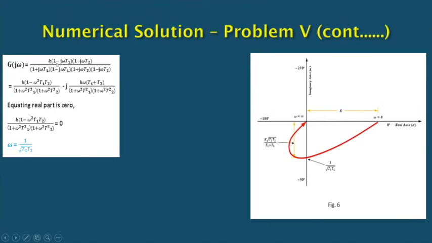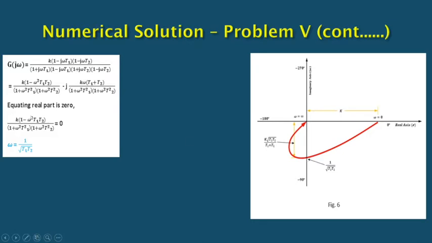Multiplying the numerator and denominator of G(j omega) with the complex conjugates of the denominator factors, we get this equation. Then separate the real and imaginary parts. If we calculate the intersecting point with the imaginary axis, that means at that point the real part is 0.